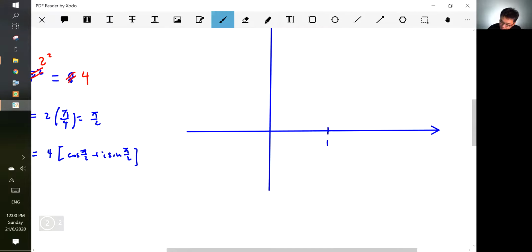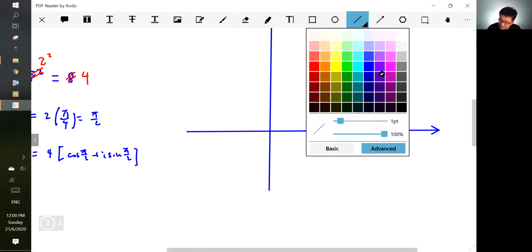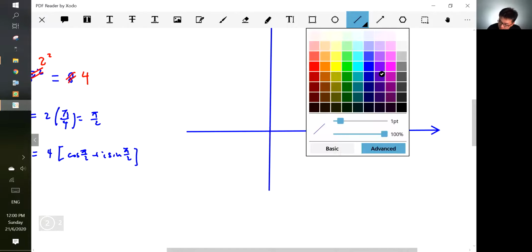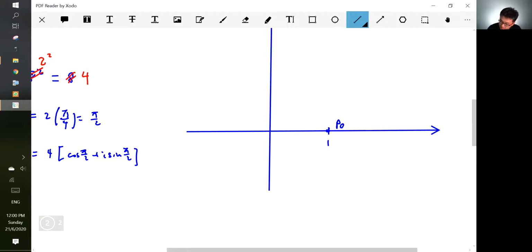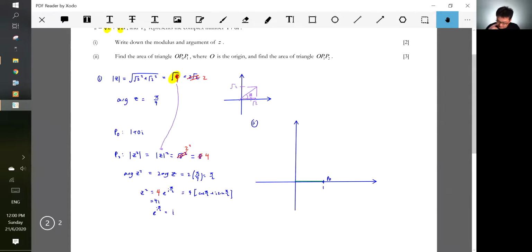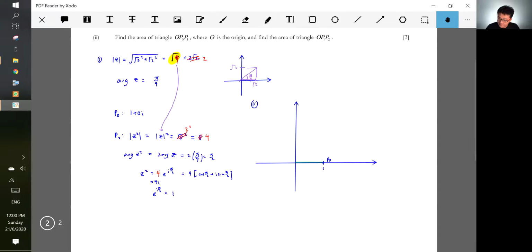Then you think about 2 units at 45 degrees, that's your P1.